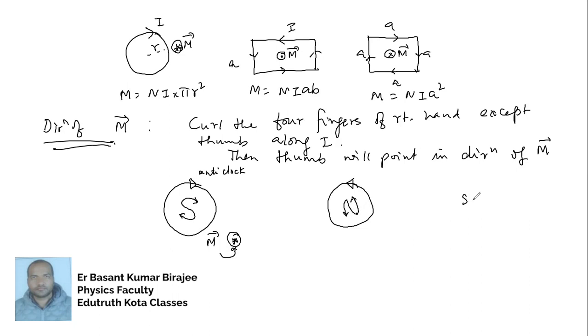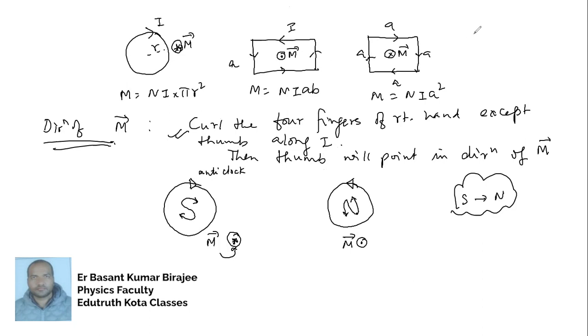So the direction is from the inner side to the outer side. If we use the right hand to find the direction, we also find it is perpendicular to the plane of the screen and outward. It is simple using the right-hand rule. Its direction is clear.